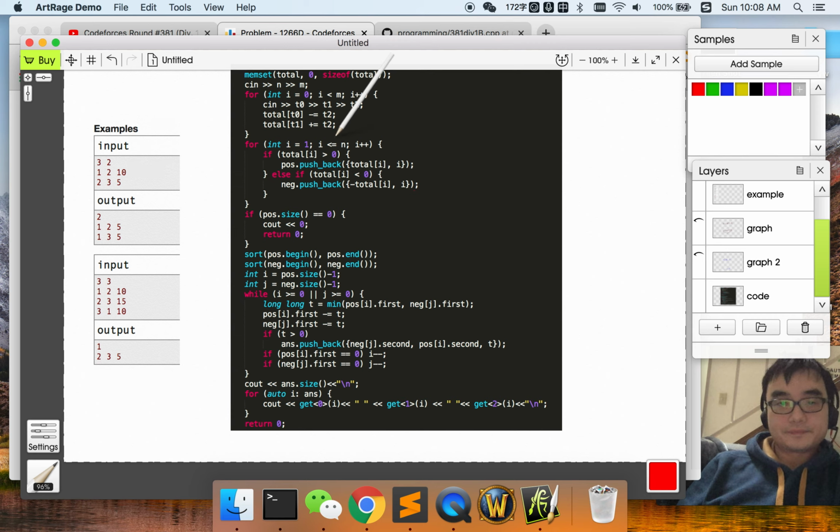And then we get two queues, one is the positive queue, one is the negative queue, based on their balance, right? Then we sort them. I'll explain later why we need to sort these two queues.